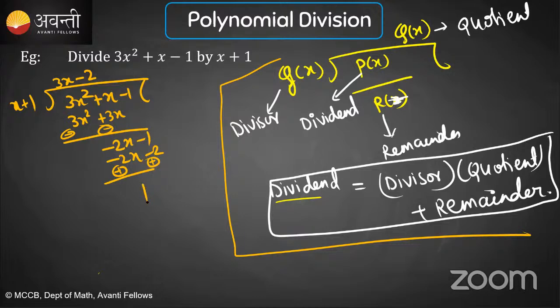So now you cannot divide further, right? See, whenever the degree of remainder is less than the degree of divisor, further division cannot take place, right? Everybody knows that.